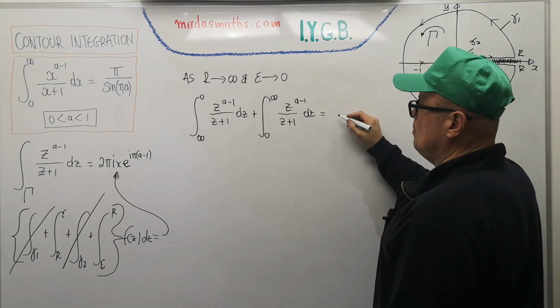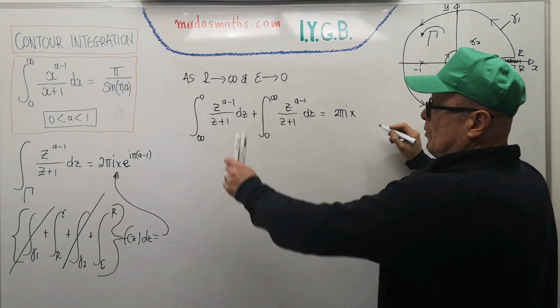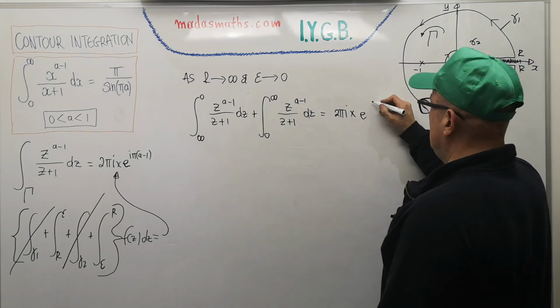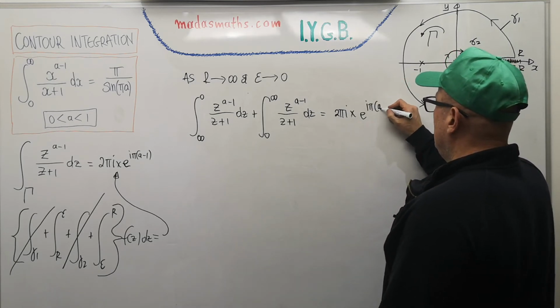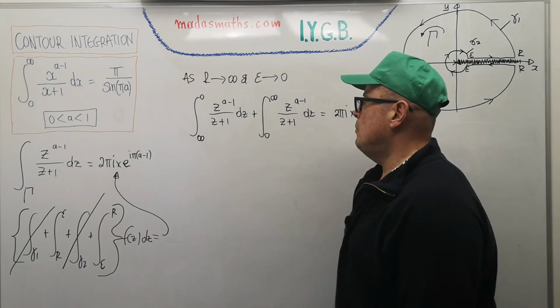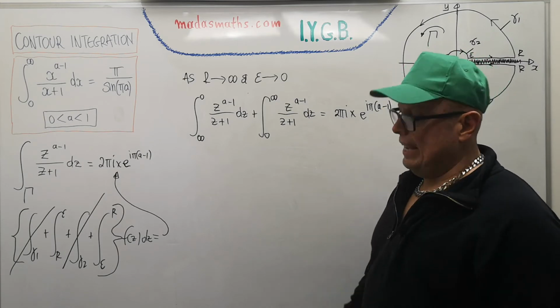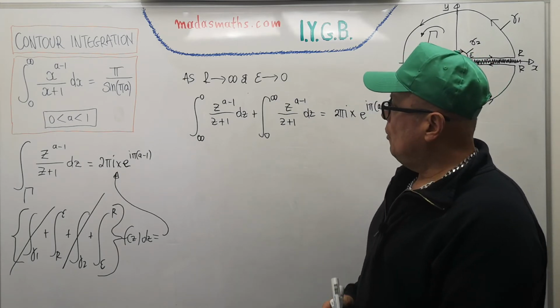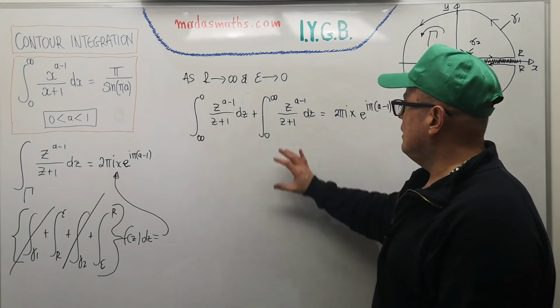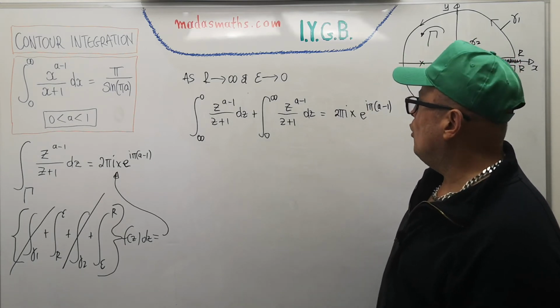is equal to 2 pi i, I'll leave it as it is, I'm not simplifying anything, e to the i pi a minus 1. So quite clearly, if I put x's in here because I'm on the x-axis, that should give me my integral. Okay, I just look at this, and all of a sudden I see dark clouds on the horizon.